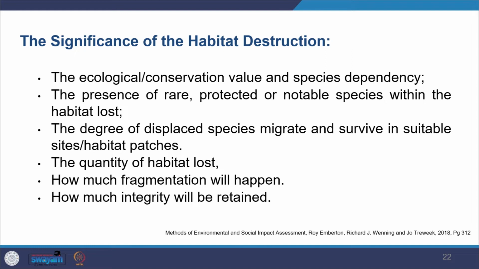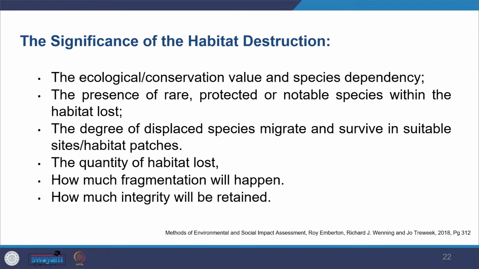That all will depend on what is really available in the nearby areas, and how dense those areas are, and whether the other habitat would be receiving them or not. And then it will also depend on the quantity of habitat lost. How much really is being affected, what percentage is affected by the development activity, and how much fragmentation will happen, like how much it will break down into small pieces because of the activity.